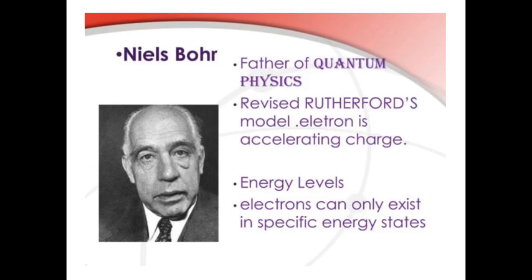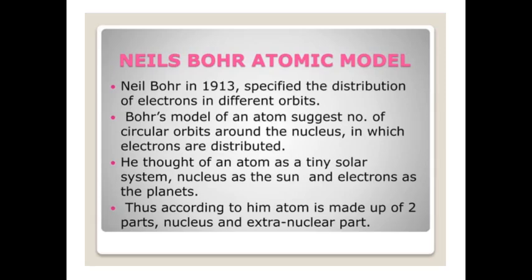In Niels Bohr's model, there is a revision of Rutherford's model, which talked about the electron as an accelerating charge. It talks about energy levels, and his model also says that an electron can only exist in specific energy states. So generally, Niels Bohr talks about energy levels and the electron only being able to exist in a specific energy state.